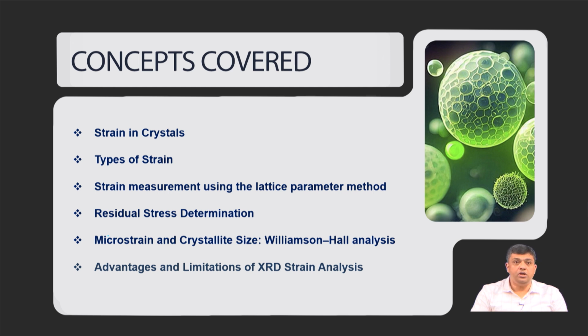So, we will talk about the strain measurements using the lattice parameter method. We will also talk about the residual strain, and using the Williamson Hall method, we will try to analyze the mathematical formulation using which we can correlate the microstrain with the crystallite size.